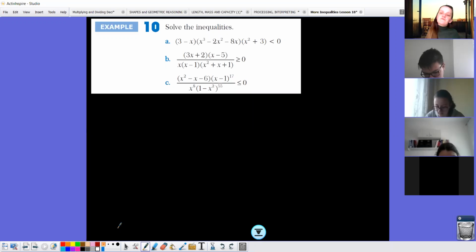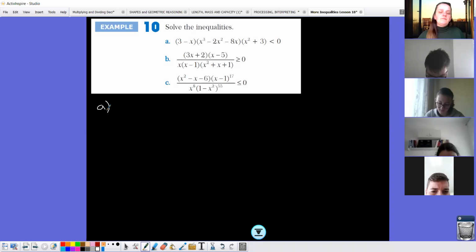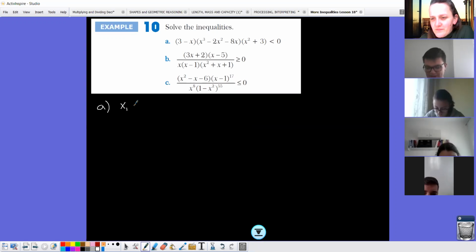Let's find the roots firstly. Teacher, can a root be minus? X1 will be 3. I mean 0. Can it be 0? Yes, it can be 0. It can also be minus.